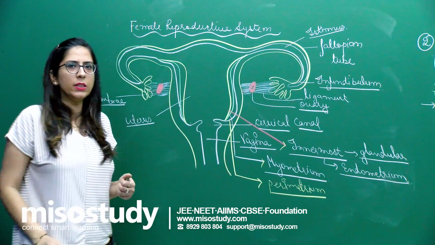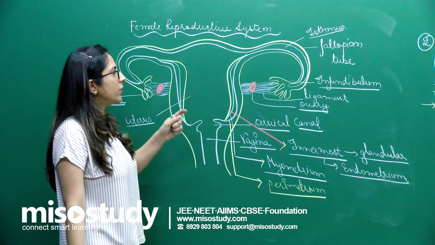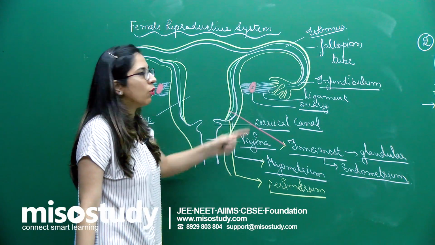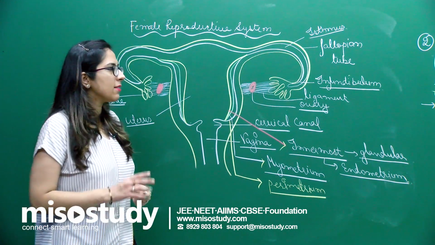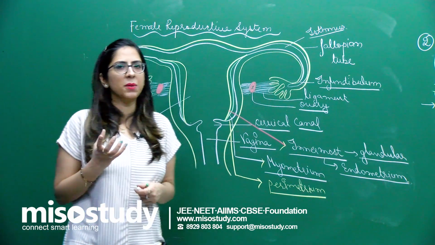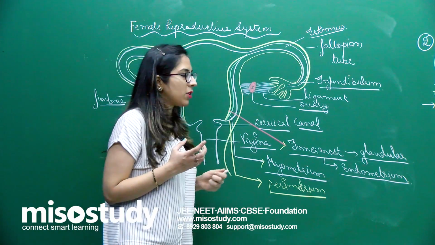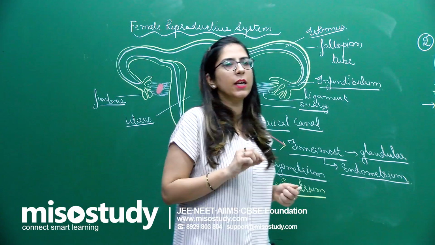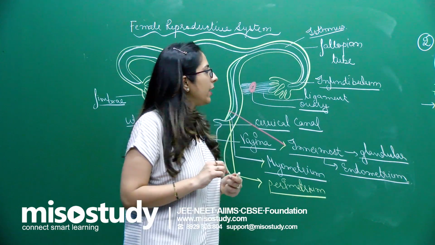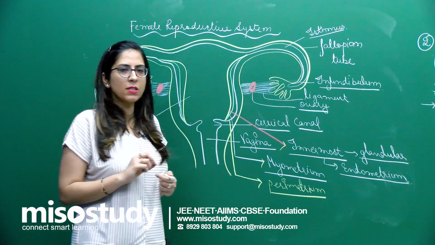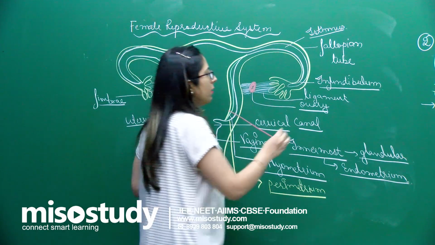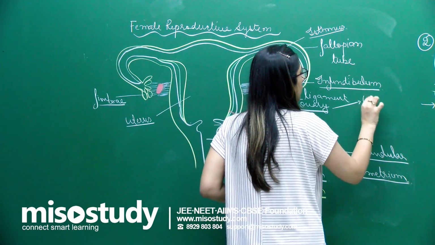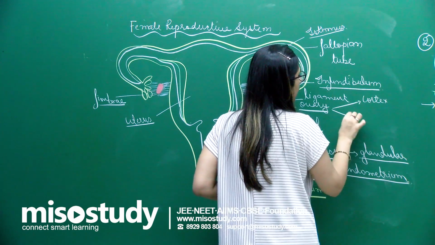So what have we learnt? First of all, I have discussed the ovary. The ovary is an almond-shaped structure, and in it the outermost lining includes a stroma. In the stroma, two regions are present: the cortex and medulla.